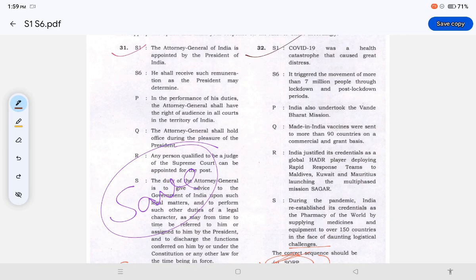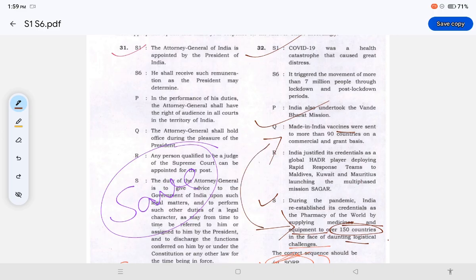COVID-19 was a health catastrophe that caused great distress. During the pandemic, India re-established its credentials as the pharmacy of the world by supplying medicines and equipment to over 150 countries in the face of daunting logistical challenges. Made in India vaccines, you see, continuation is there, chronology is there. We are talking about supplying equipment, then we have vaccines.